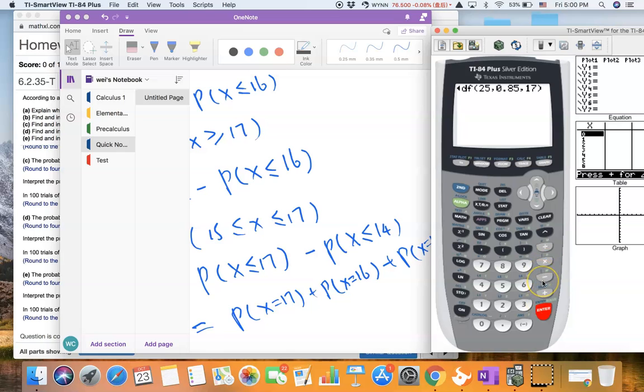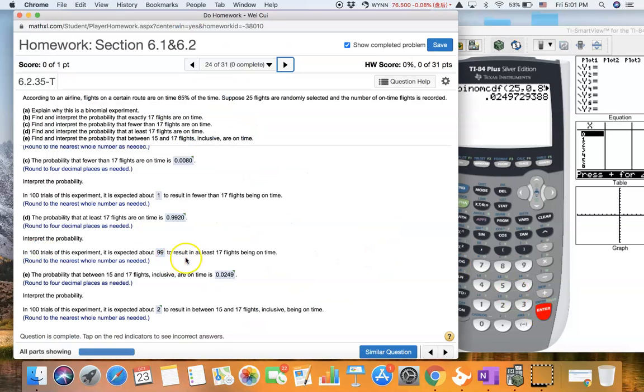Okay, then I subtract the probability that x is less than or equal to 14. Enter. So that will give me the answer, right? 0.0249.